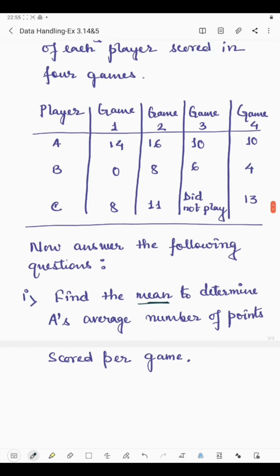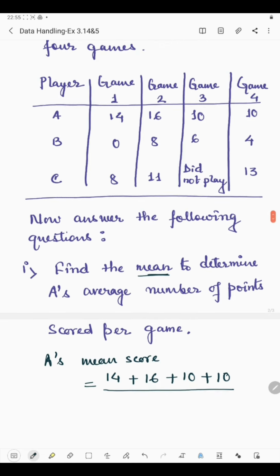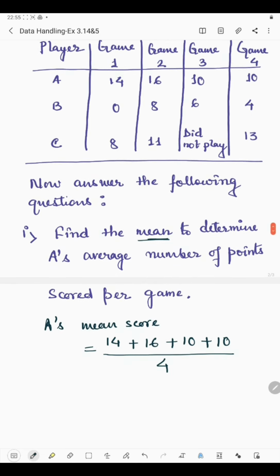So A's mean score will be, in the first game he scored 14 runs, in the second game 16, in the third game 10, and in the fourth game 10, divided by the total number of observations. Since he played 4 games, it will be divided by 4. Now 6 plus 4 is 10, 0, 1 carry, 1 plus 1 is 2, 3, 4, 5. It's 50 divided by 4.